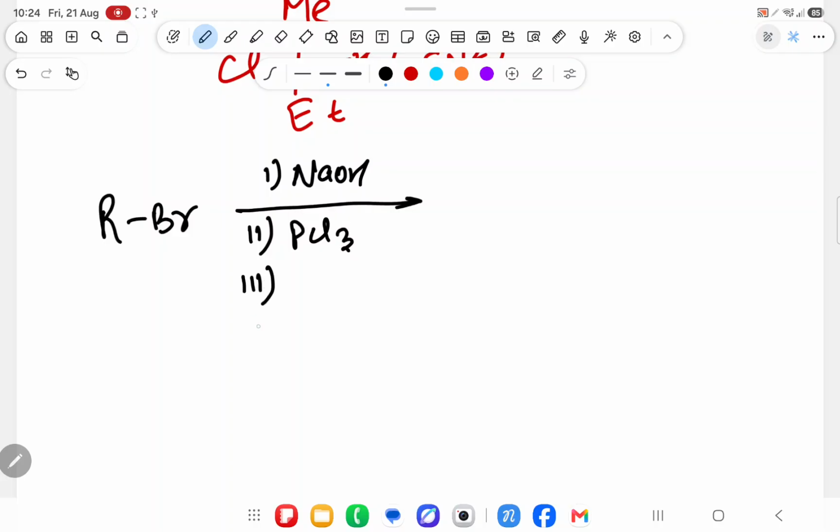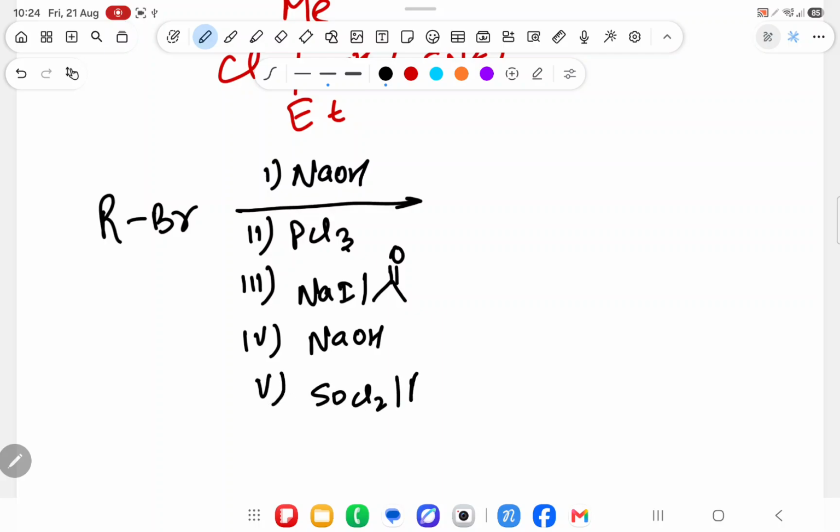Then third, react with NaI in presence of acetone. Then fourth, react with NaOH. Then fifth, react with SOCl2 in presence of pyridine. And the product is coming something like that.